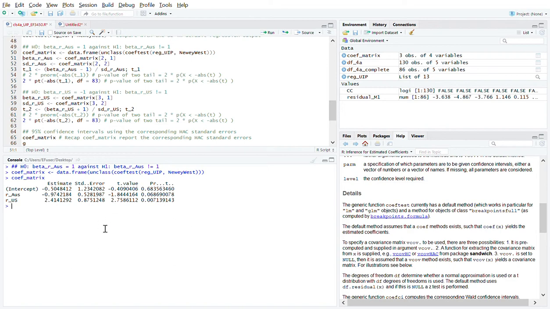So let's do a two-tailed test on beta 1. As you can see, beta 1 is on the second row, and if we want to extract the beta for the interest rate of Australia, it's going to be second row, first column, and the corresponding HAC standard error is second row, second column.